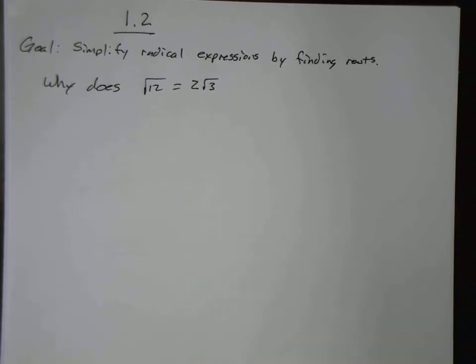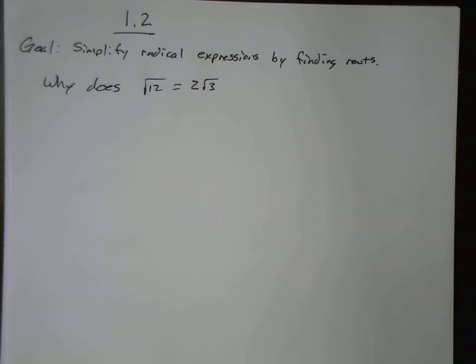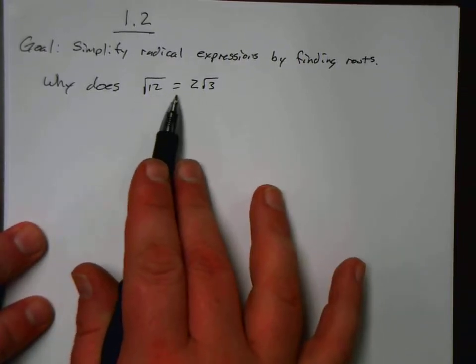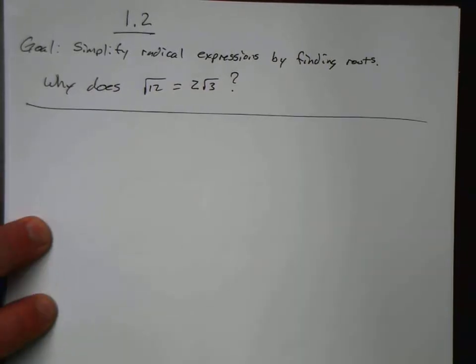When I get my calculator out and plug in the square root of 12, I'm going to get a number like 3.3 or 3.4 something. And if I put in 2 times the square root of 3, I'll end up with the same exact number. So why is the square root of 12 the same thing as 2 square roots of 3? Well, let's go find out.